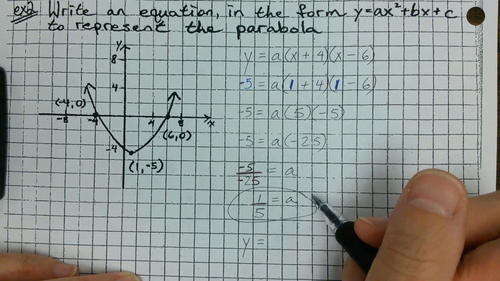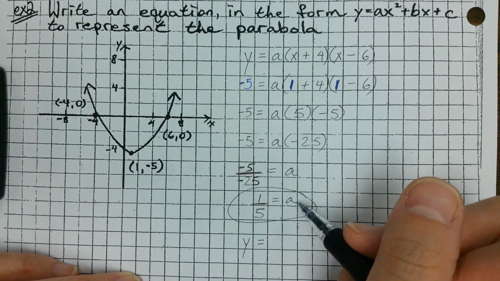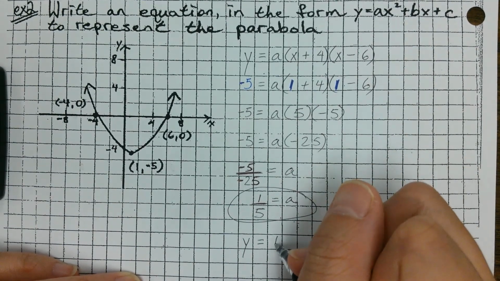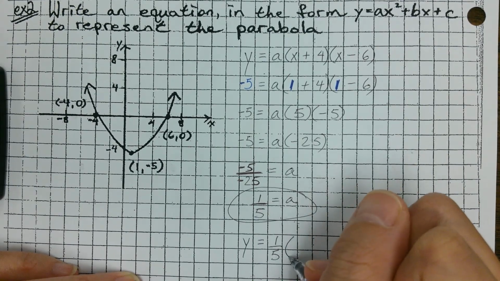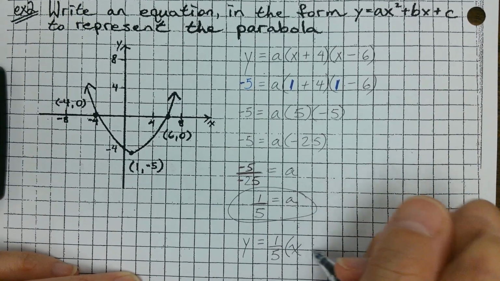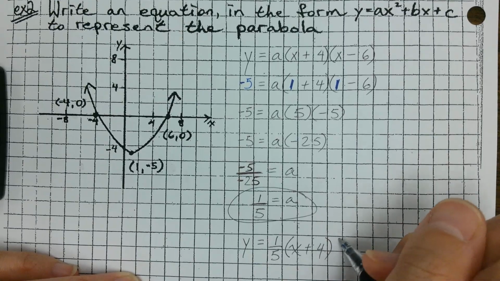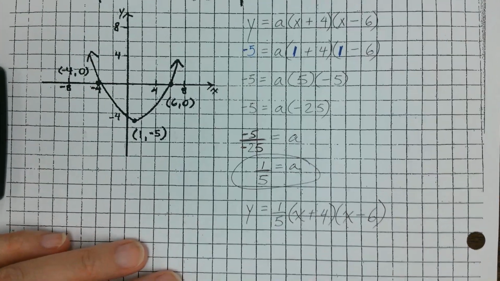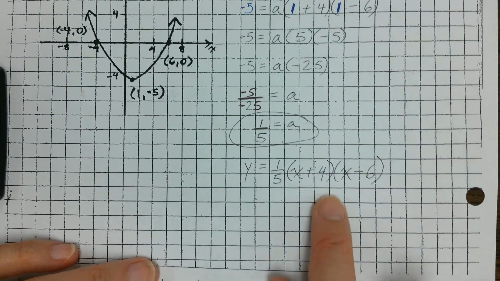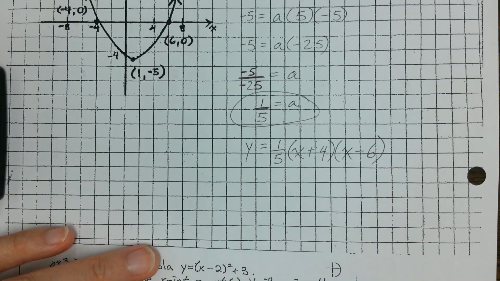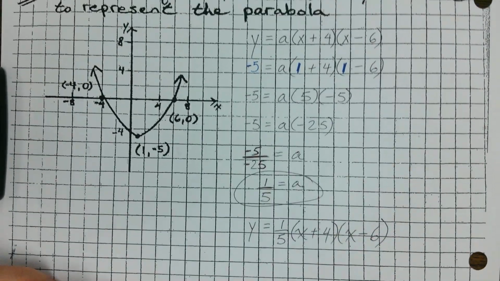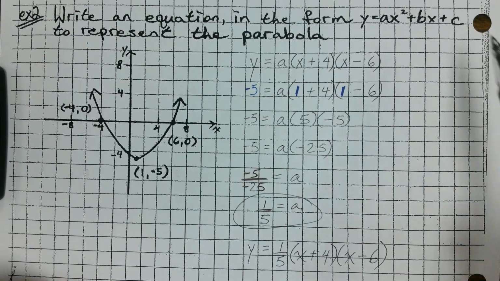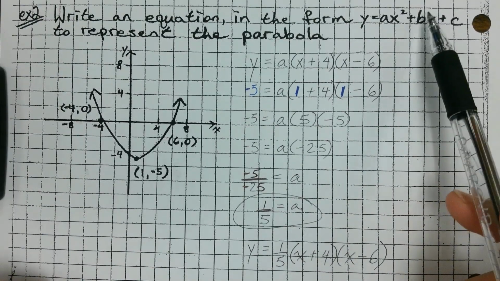So on the last test as well, some of you found a but never gave me the equation. And then lost marks there. So y equals 1/5 times x plus 4, x minus 6. Okay. If I left it like this, will I get full marks? Why not, Victor? Put it in standard form.